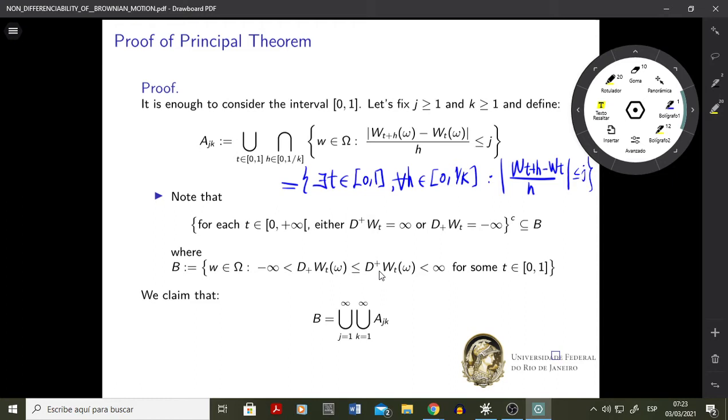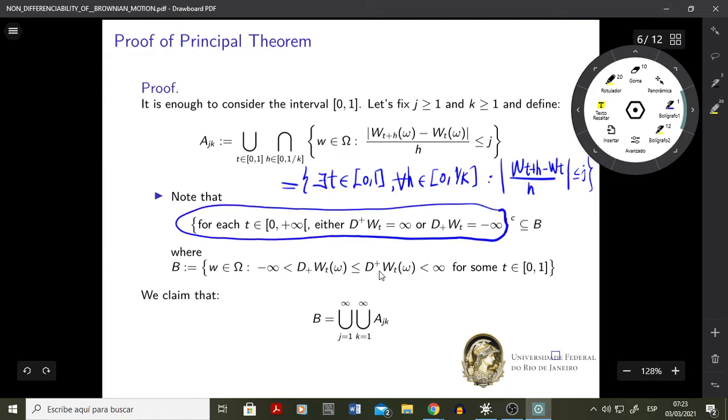So now the complement of this set is included in this set V, where the lower right Dini derivative is greater than minus infinity, and the upper right Dini derivative of the Brownian motion is less than plus infinity for some t.